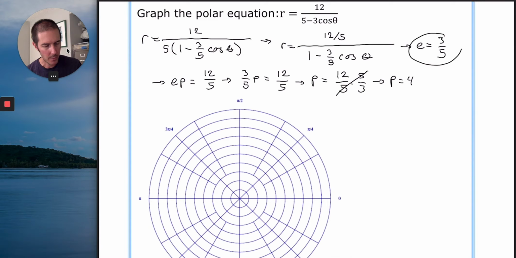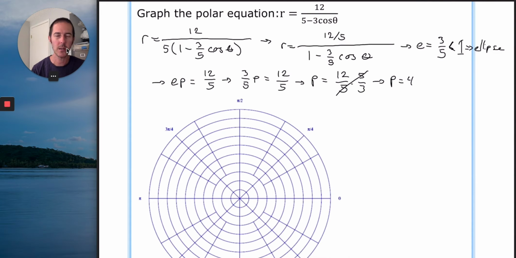So I'm happy to know this value. The e value being 3/5, which is less than 1, tells us that we're working with an ellipse. So if you wanted to, I could go back a line and put in a note that since this is less than 1, that implies an ellipse.